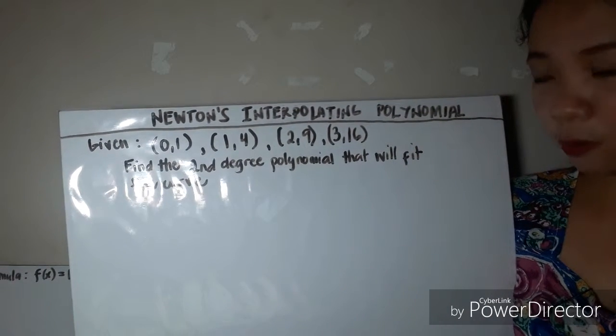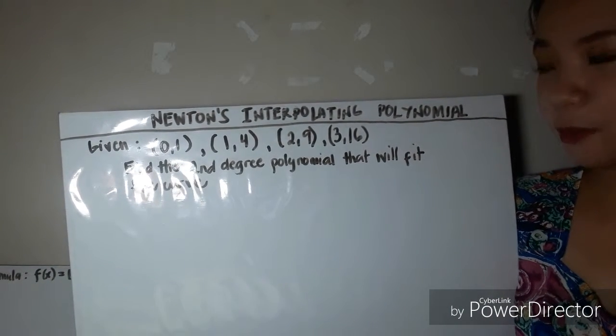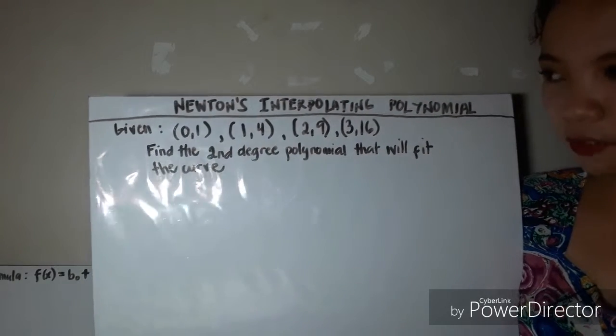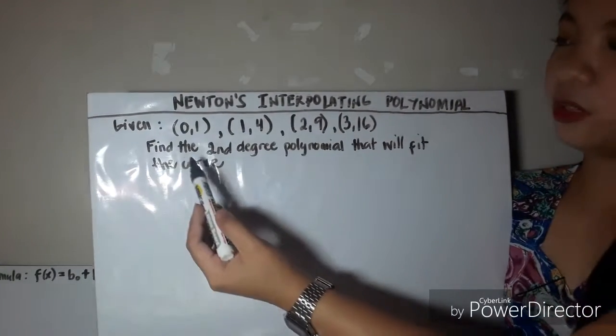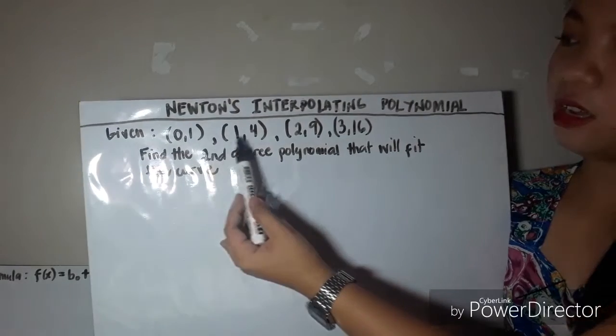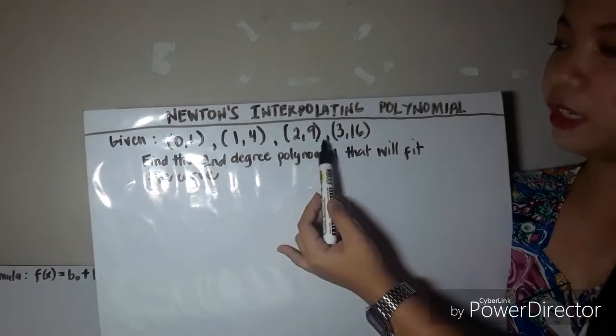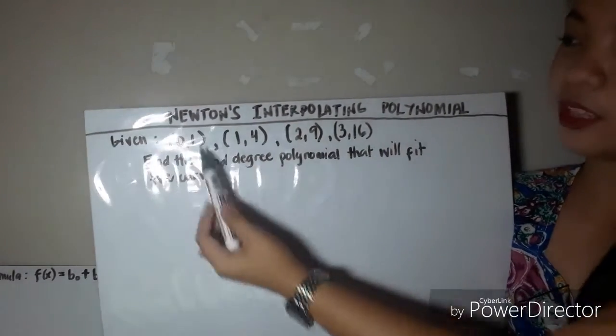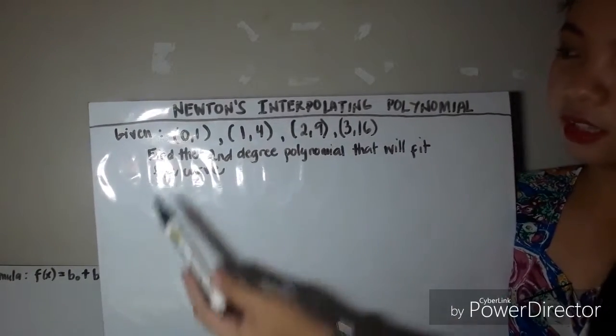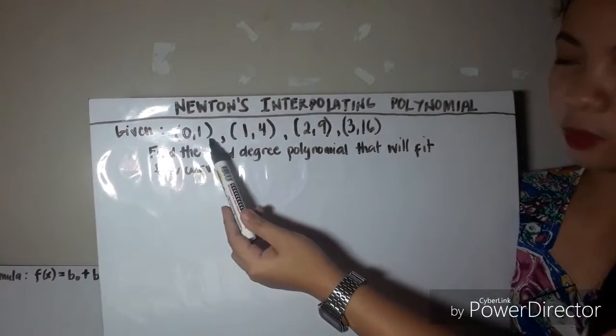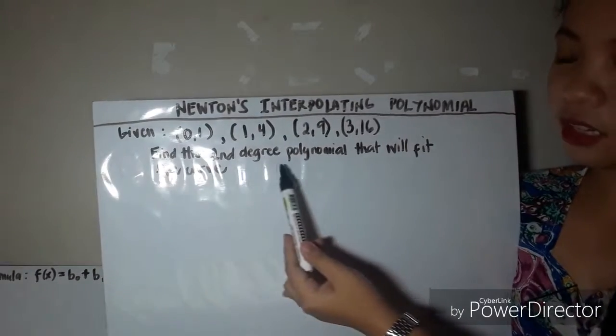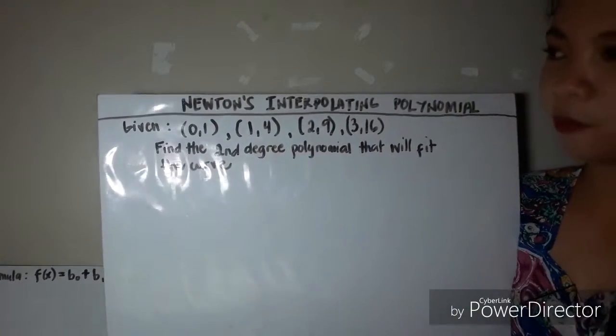So this is an example of Newton's interpolating polynomial. The given points are (0, 1), (1, 4), (2, 9), and (3, 16). Remember that this is our x-axis and this is our y-axis. Find the second degree polynomial that will fit the curve.